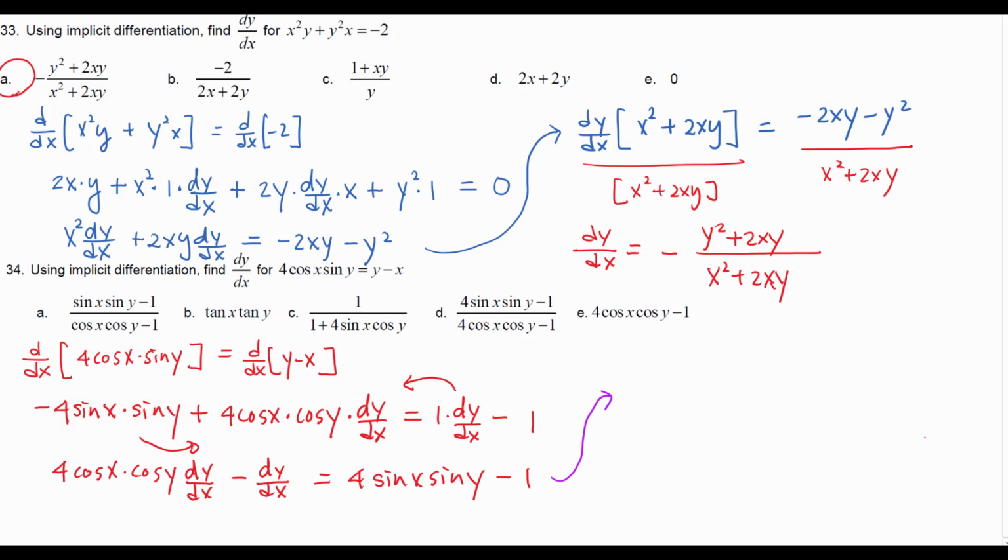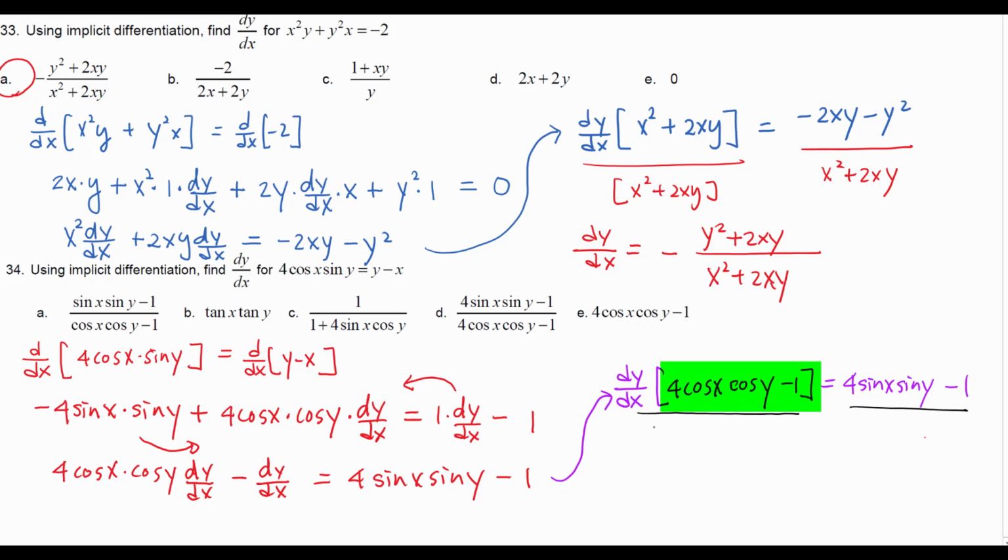Now your next step is to factor out dy/dx. Then you get dy/dx times (4 cosine x cosine y minus 1) equal 4 sine x sine y minus 1. And your last step is to divide both sides by the term next to dy/dx, which is 4 cosine x cosine y minus 1.